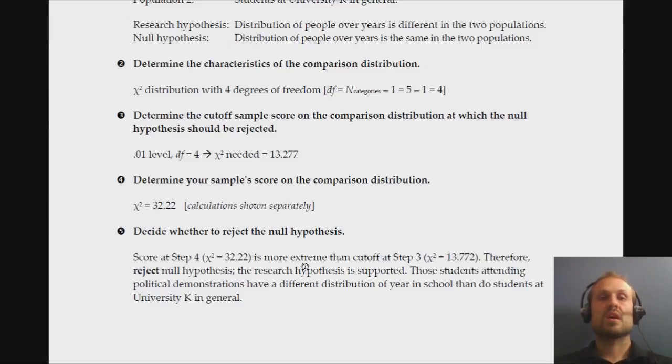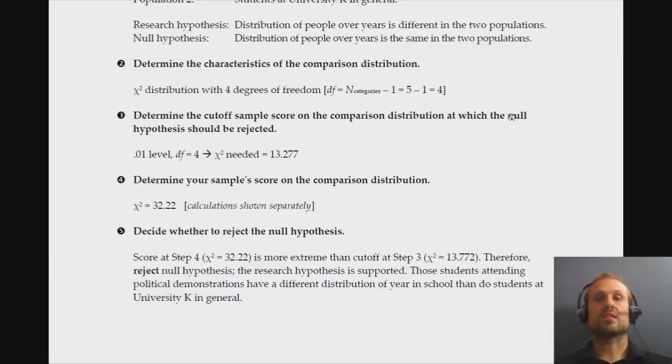The chances of me getting a sample that extreme is so rare that when I get one, I can conclude with some confidence that it's because there is actually a difference, and the breakdown of students attending the demonstration is not the same as the breakdown of students in the university as a whole.